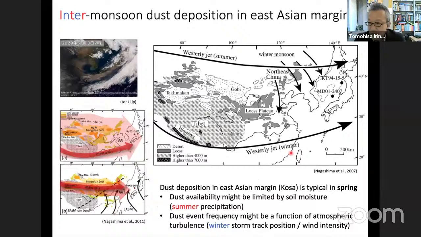I don't talk a lot about dust today, but in the East Asian margin, the dust deposition called kosa is typical in spring, with very minor contribution in deep winter. I think the dust availability might be limited by the soil moisture in the source area, and it may be controlled by the summer precipitation.